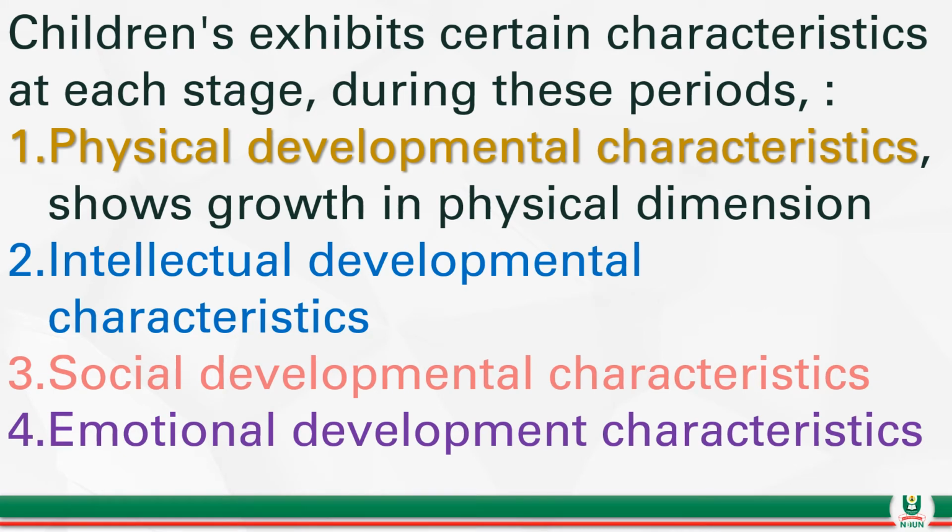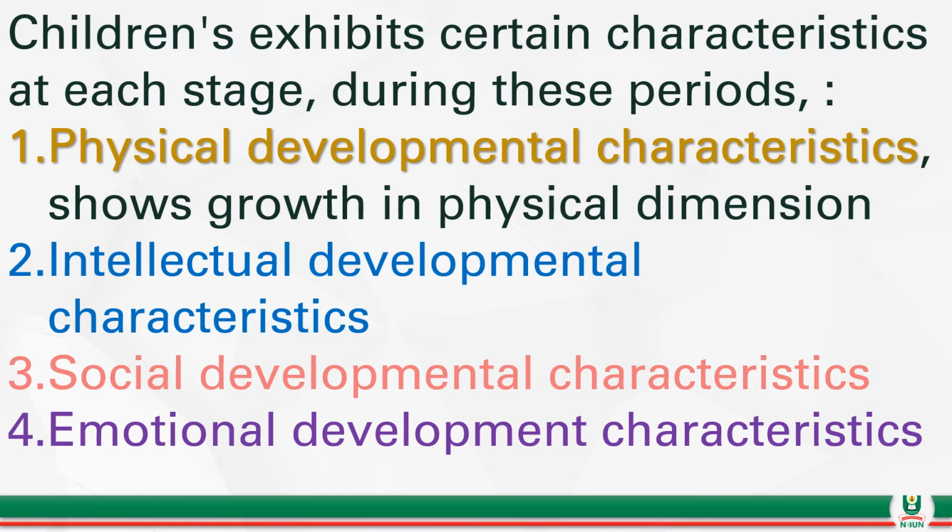Children exhibit different characteristics. They exhibit certain characteristics at each of these stages that we have identified. During these stages, they experience physical development characteristics, which show in their physical dimension. Their physical development shows physical growth in the body parts.